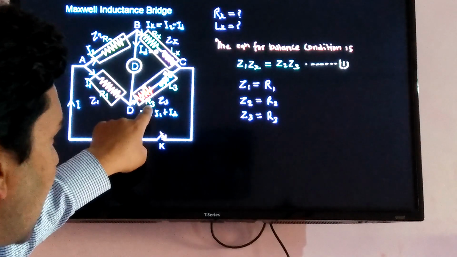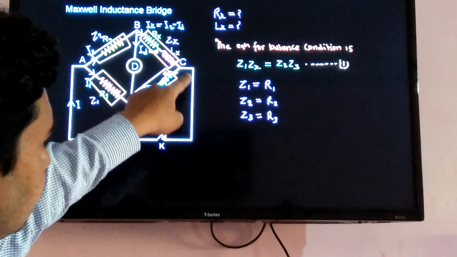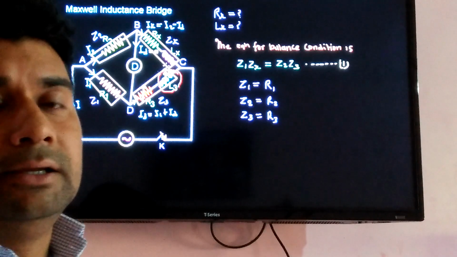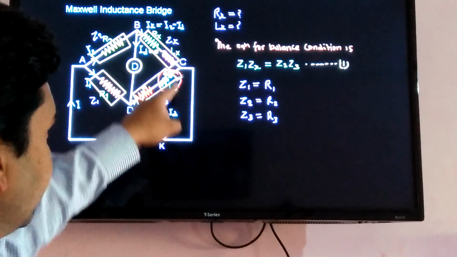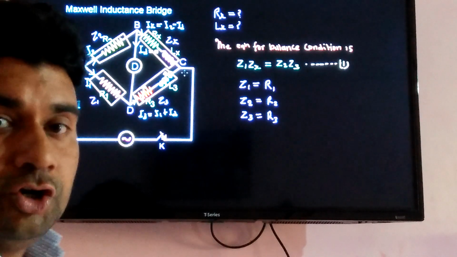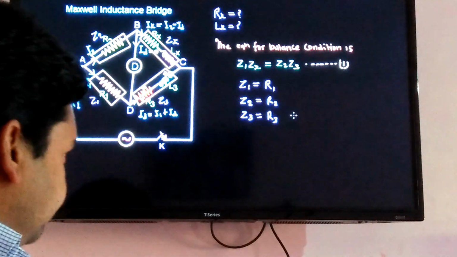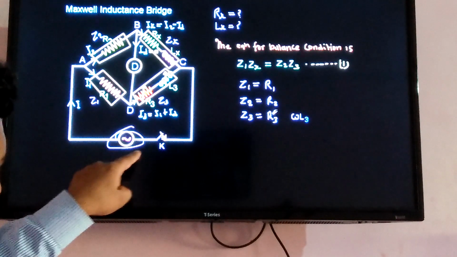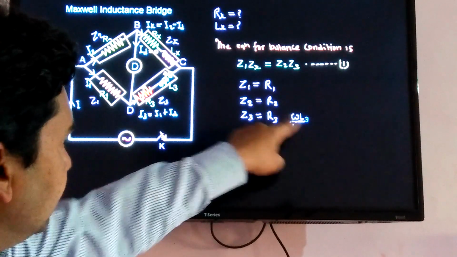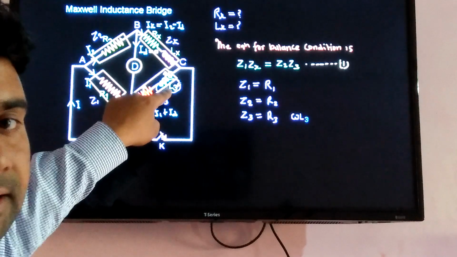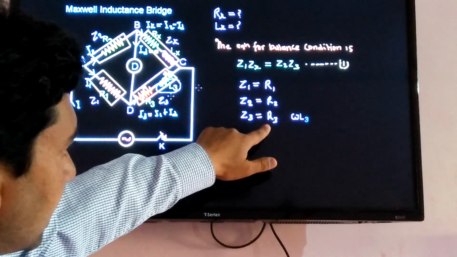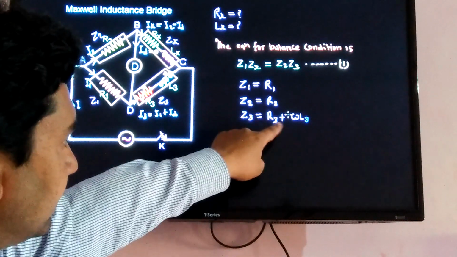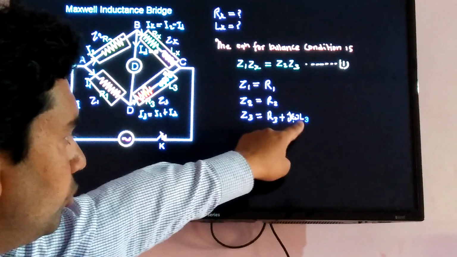Since the inductor has its own internal resistance, we write R3 and omega L3, where omega is the angular frequency of the source and L3 is the inductance of this inductor. This is the real part and this is the imaginary part, so we write plus j omega L.